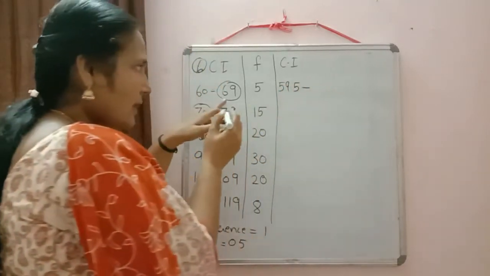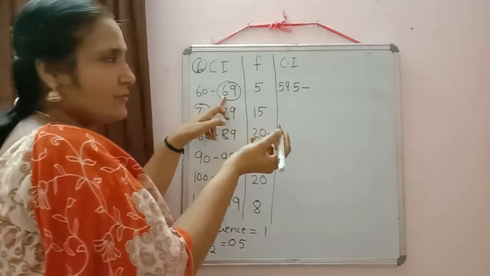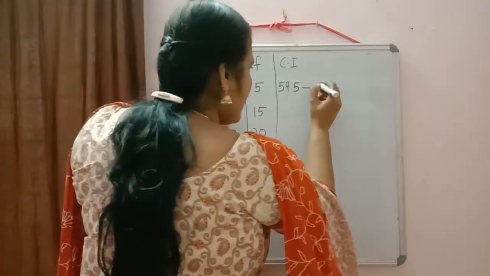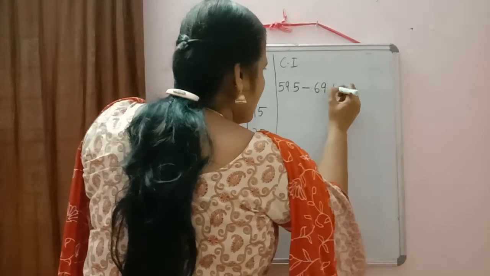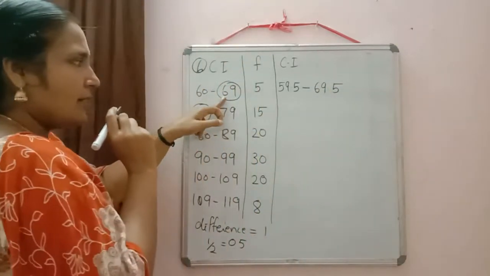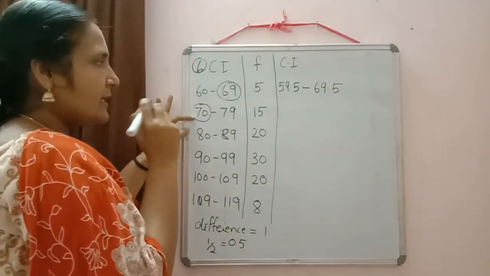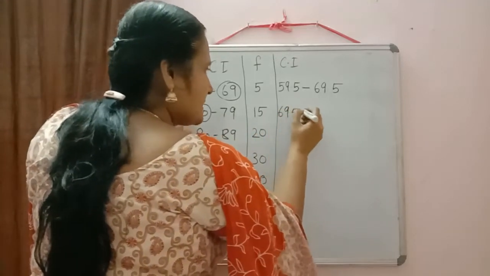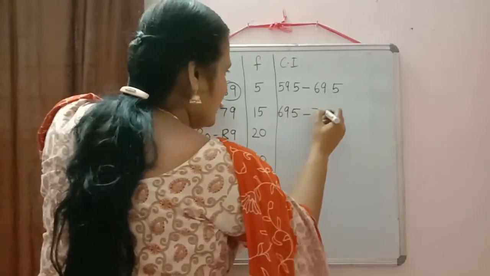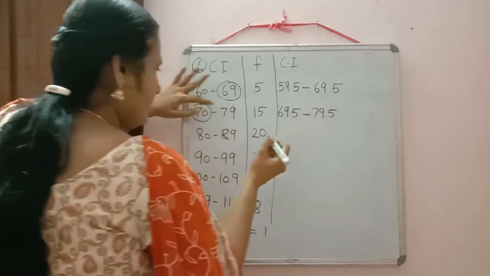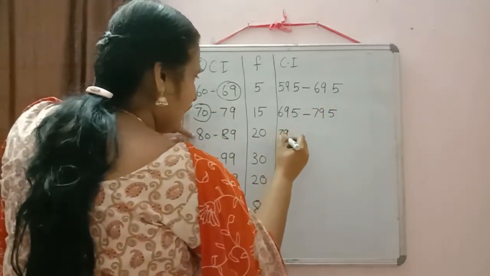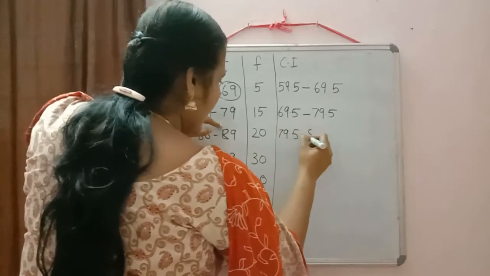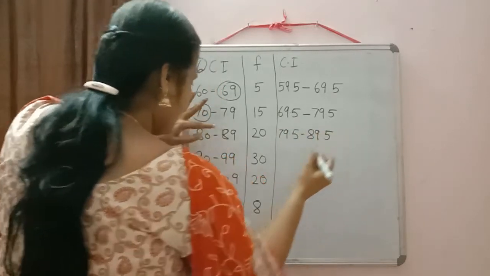Add 0.5 to the upper limit, so 69 plus 0.5 will be equal to 69.5. Again 70 minus 0.5 will be equal to 69.5 to 79.5. Next, 79.5 to 89.5. Write with me.